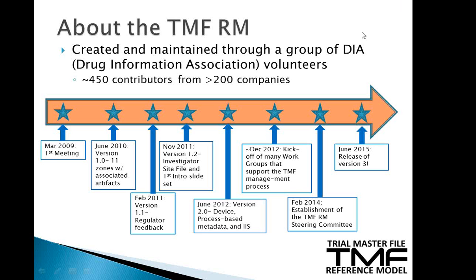And along this path, there's been a large number of contributors globally from various types of companies: pharmaceutical, medical device, small biotech, consultants, vendors, regulators. All kinds of folks have come together around this effort to define a TMF reference model.